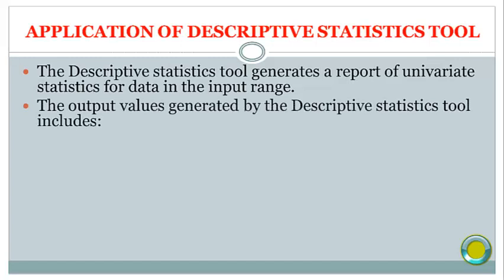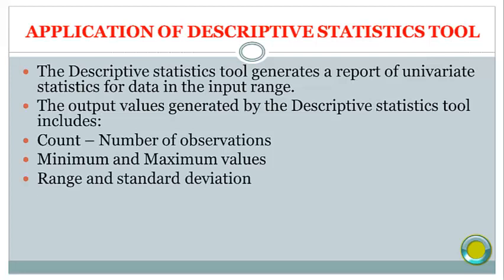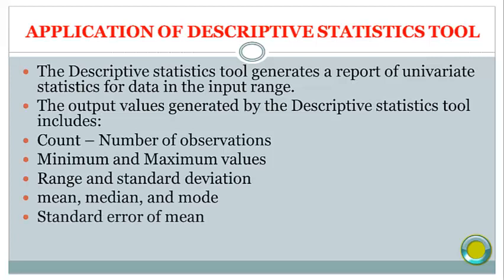The output values generated by the descriptive statistics tool include count, that is the number of observations, minimum and maximum values, range and standard deviation, mean, median and mode, standard error of mean, skewness and kurtosis.